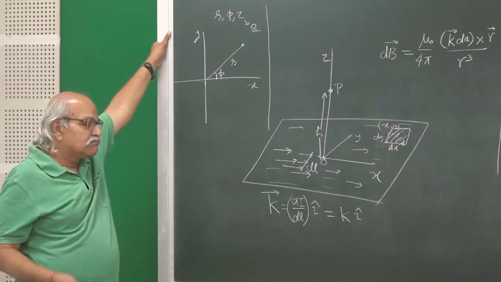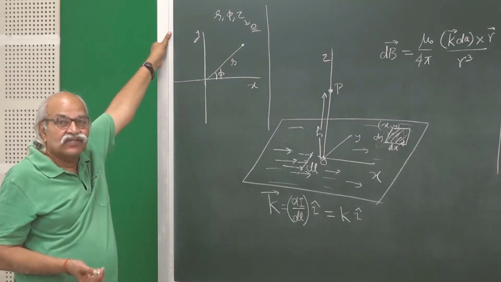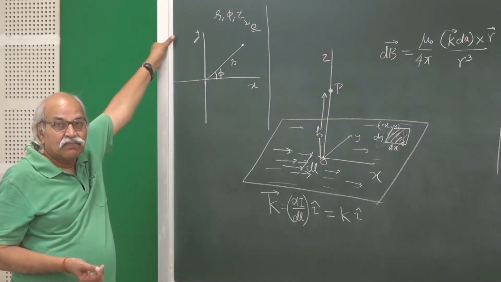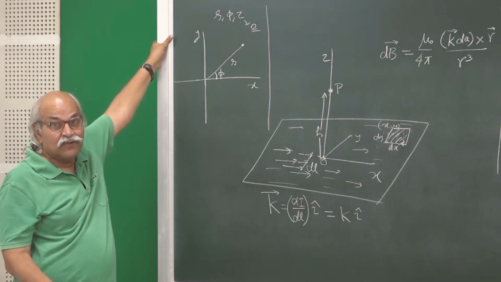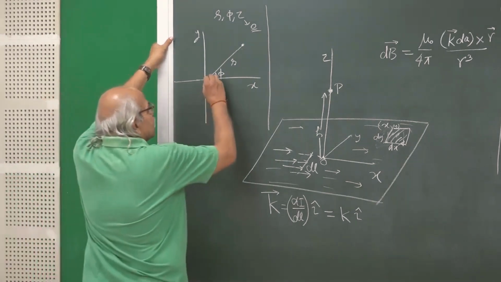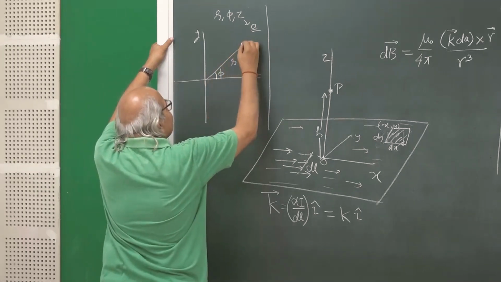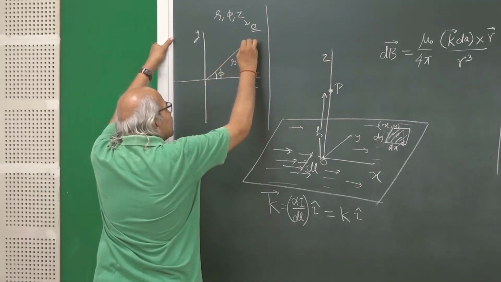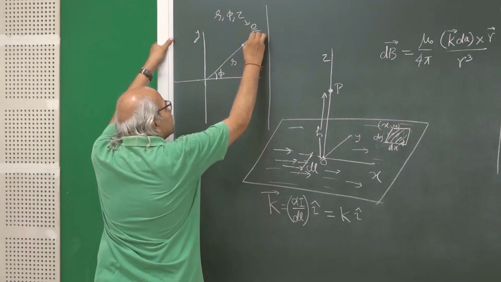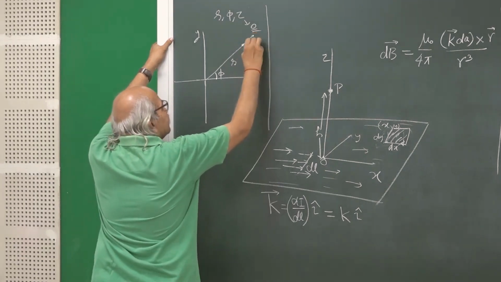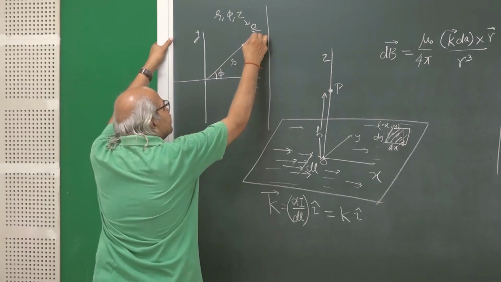Now, if we change s by ds, where do I go? This is s, do not change phi. Without changing phi, change s and reach here. So, this length is ds.